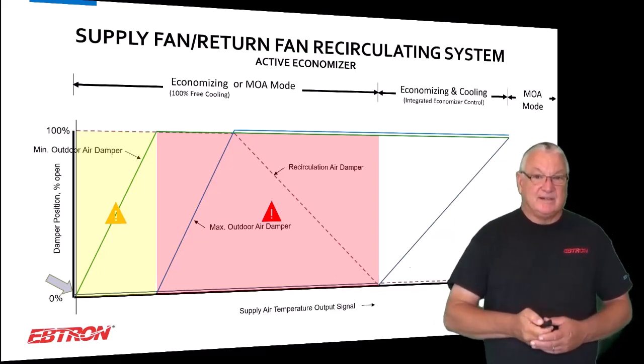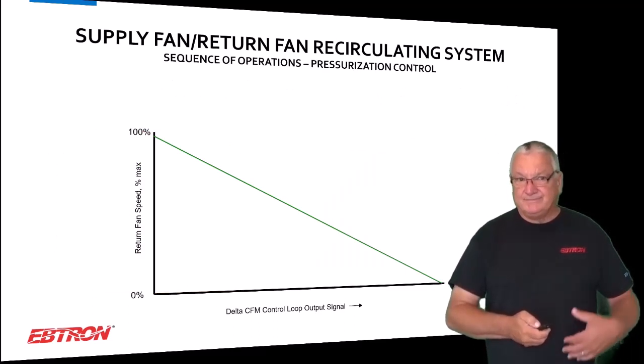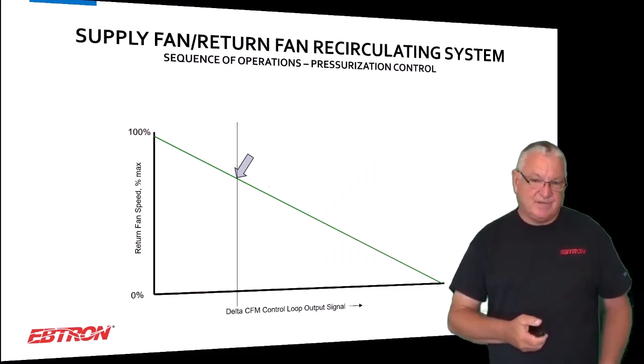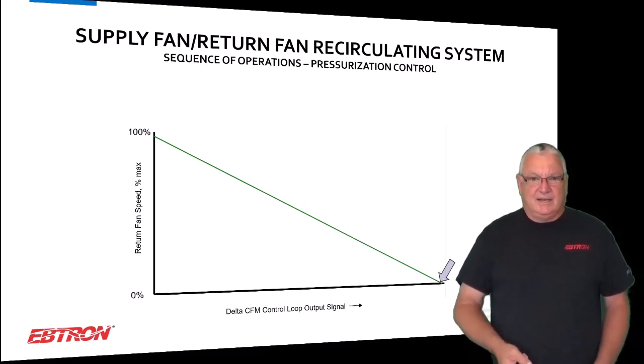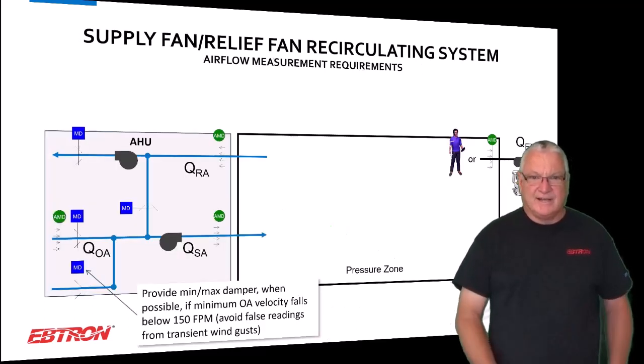That's all that's about there. The supply fan, return fan sequence for the fan is pretty much the same, no different. If I need more of a differential, I reduce the return fan.